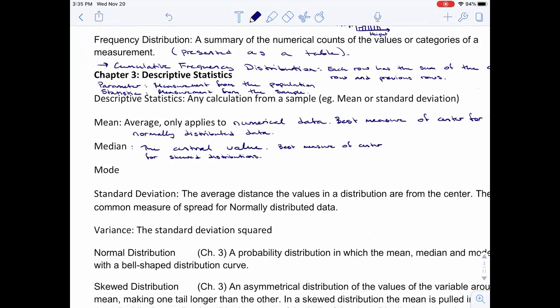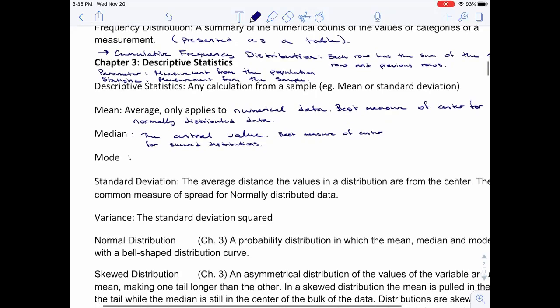And then our mode, right, is just the most frequently occurring value, right? And so that's not very helpful, except if we have a categorical variable, right? Then we want to say, okay, well, if you have the most females, for example, that would be your mode. Okay?